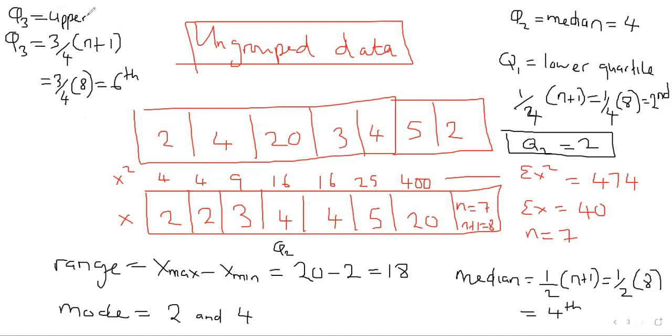So Q3 is for the upper quartile. The sixth position in this case is what? 5. So meaning our Q3 is 5.